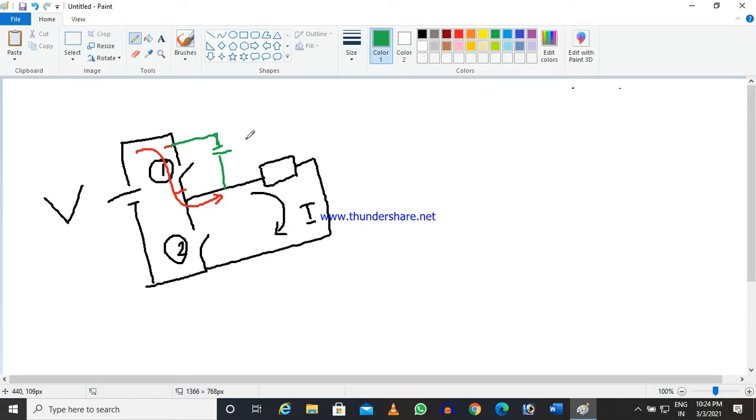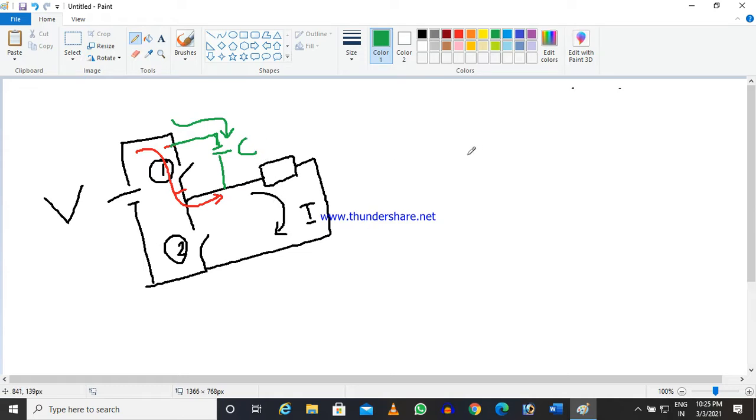Now the value of the capacitor is C. Once the switch was closed, the load current is flowing through the switch, and once the switch is off, the load current will be diverted through this. As I told initially, the capacitor will behave as a short circuit, so the entire load current will flow through the capacitor.